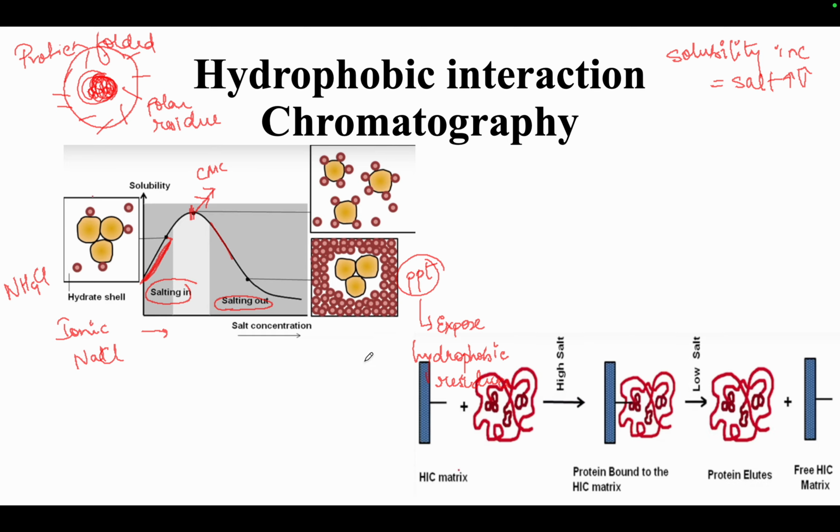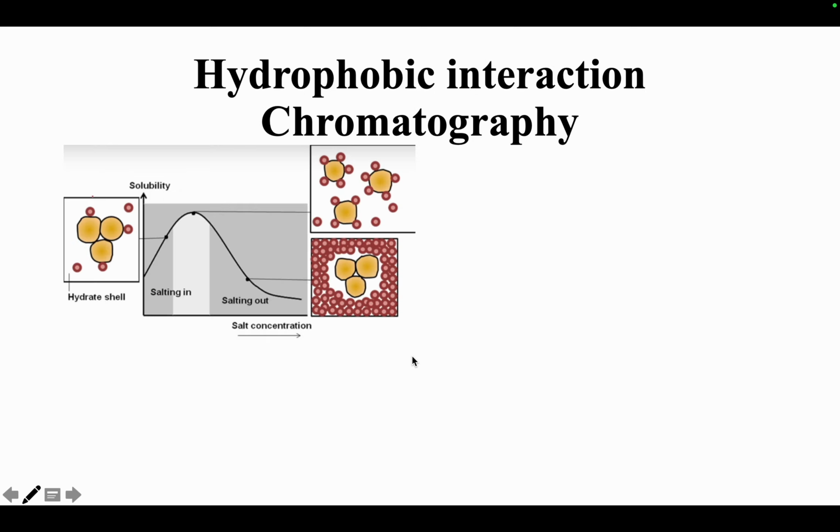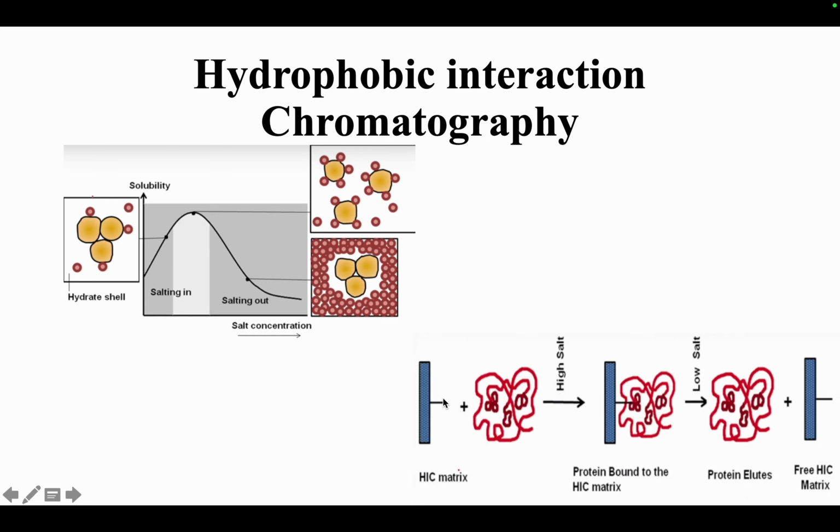As you can see here, we have a matrix, again a stationary phase, and to this stationary phase we have a receptor, and this is a hydrophobic receptor. So we have hydrophobic receptors present on the stationary phase.